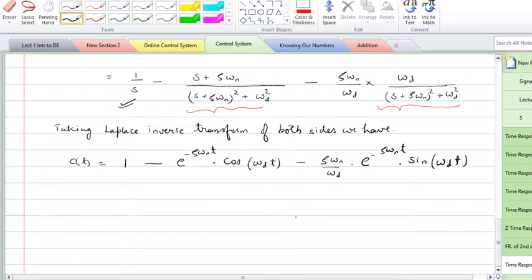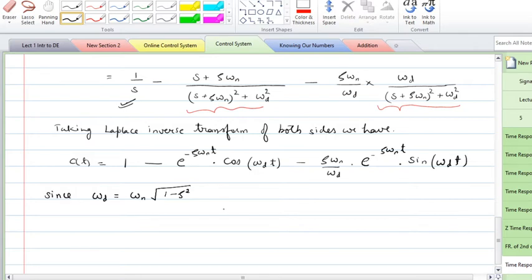Okay, now since omega d is equal to omega n multiply root of 1 minus zeta square.